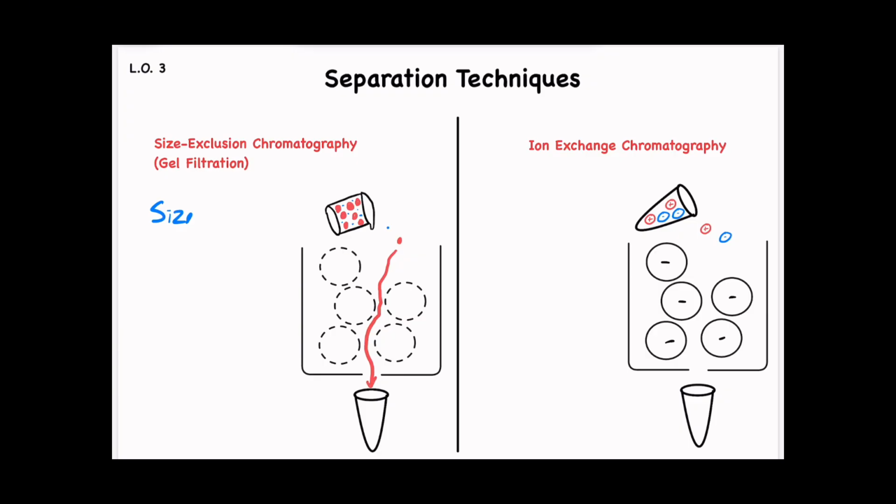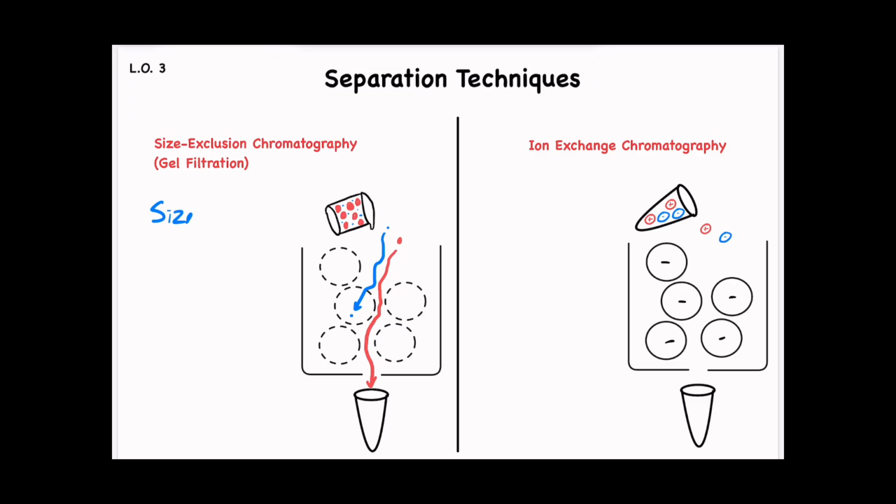And so thinking about the perspective from a large protein, we're going to see that it's going to travel down, down, down, not get stuck in these small beads and end up eluting first into our column. However, a smaller protein is going to do the same thing, travel down, down, down, and then whoops, it's going to end up in one of those smaller holes and get stuck inside or adhere to our beads. And so you can see in this manner, by using these porous beads within our size-exclusion chromatography experiment, we're able to allow bigger molecules to elute first, and then smaller molecules to elute second or elute later.